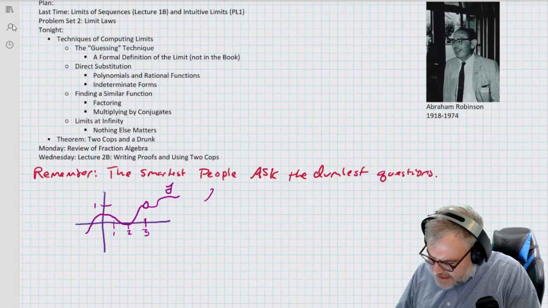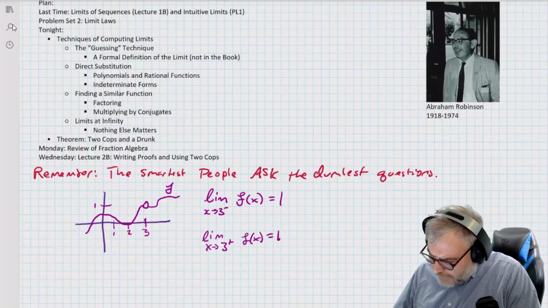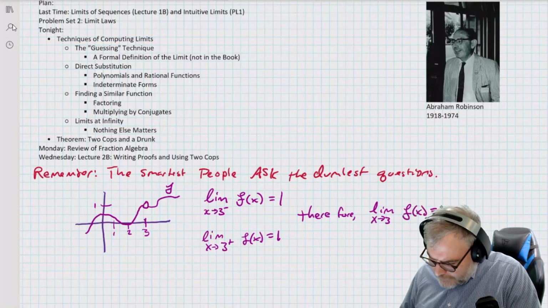So the limit as X approaches 3 from the left of F of X equals 1. And the limit as X approaches 3 from the right of F of X equals 1. Therefore, the limit as X goes to 3 of F of X equals 1.